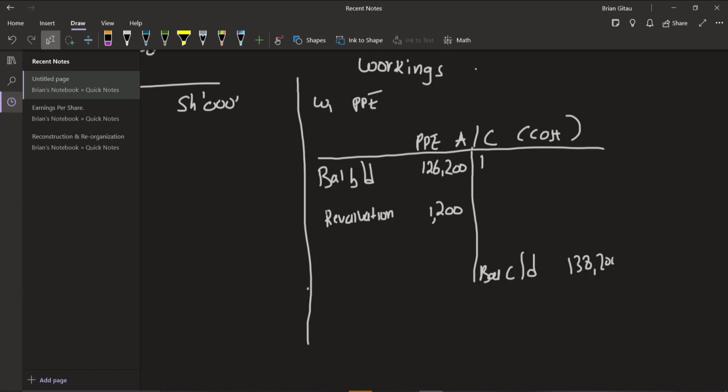Now we get the balancing figure. I did not see any other information affecting the PPE. So 138,200 minus 1,200 minus 126,200, we get a balancing figure of 10,800.